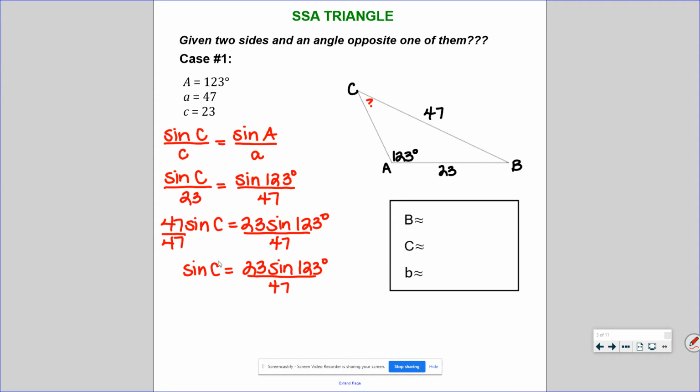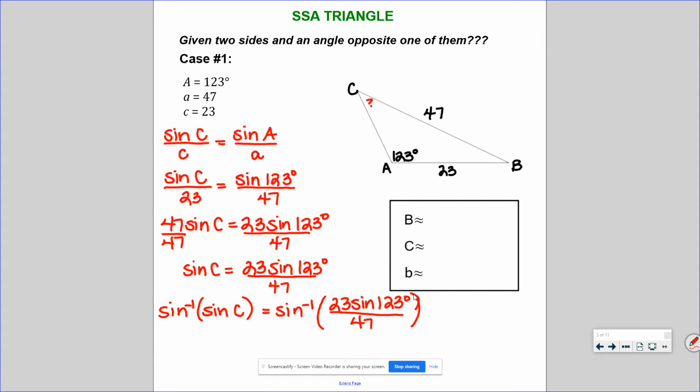Do you see how we're looking for an angle this time, but the sine is in front of it? The only way to make the sine go away is to apply inverse sine to it. And if I apply inverse sine to it, I have to do that on both sides of my equation, right? We have to balance the equation. So on both sides of the equation, I'm going to apply inverse sine.